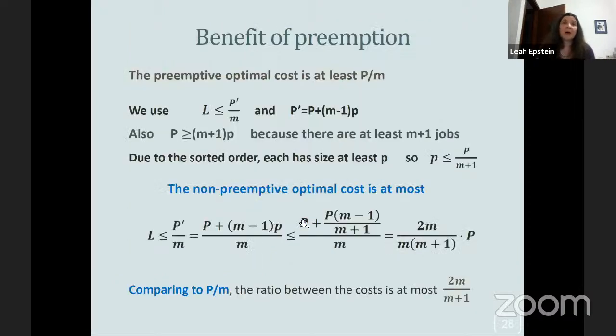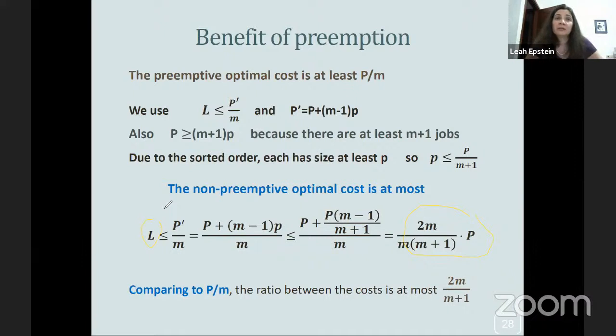And what we do now is just some calculations. So we have P prime, which is the total size together with the additional jobs. And with some manipulations, we find the formula here, the upper bound on L. L was the Makespan for LPT.